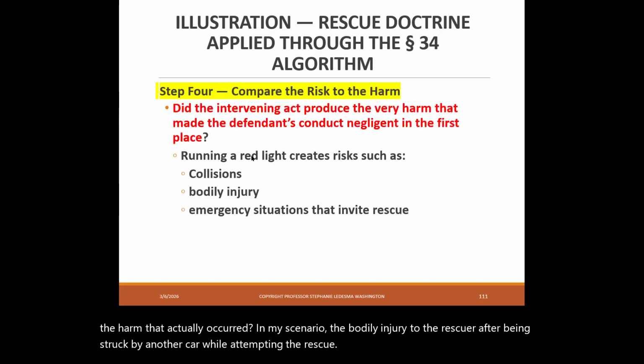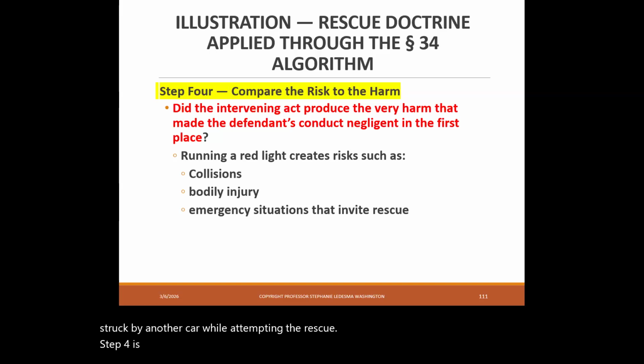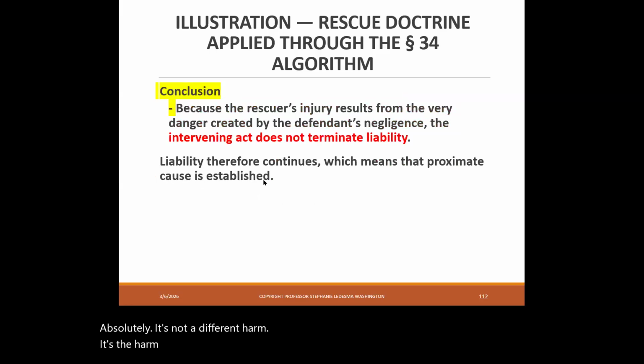Step 4, is there alignment? Did the intervening act, that's the rescue, produce the very harm that made the defendant's conduct negligent? Absolutely. It's not a different harm. It's the harm to the rescuer, which is anticipated, because danger, here's your opportunity to fill in the blank, invites rescue.